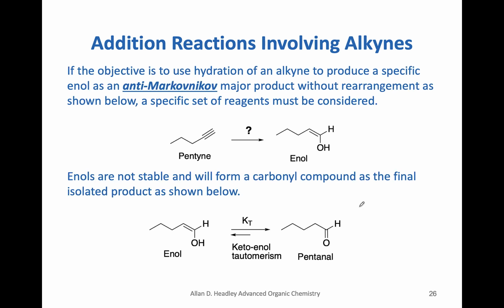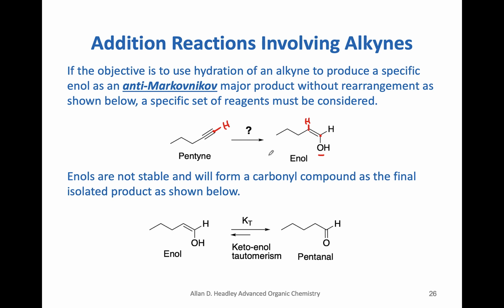Let's look here at the reverse. Is it possible to add the OH here instead? So don't forget, this still has an H here. So is it possible to add the OH here and the H over here for addition of water?